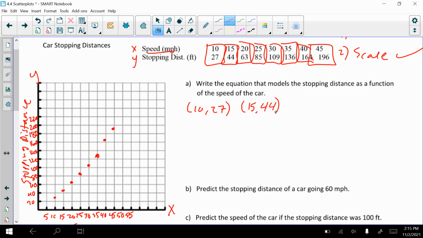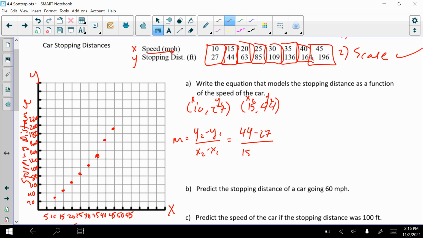Well, first I need to find the slope. The equation is y2 minus y1 over x2 minus x1. So I'll label. Here's x1 and y1, x2 and y2. So this is going to look like this. Y2 is 44 minus y1, which is 27.